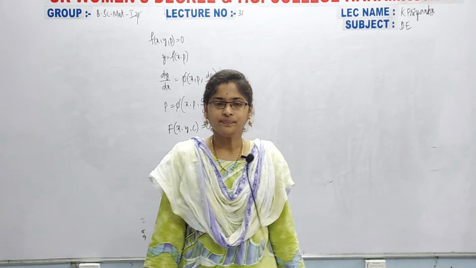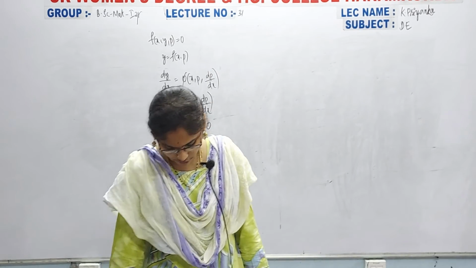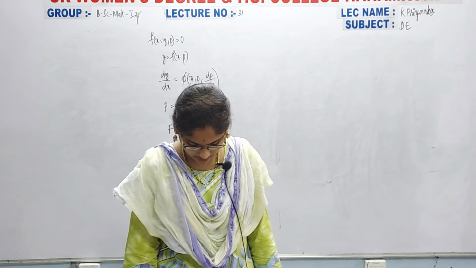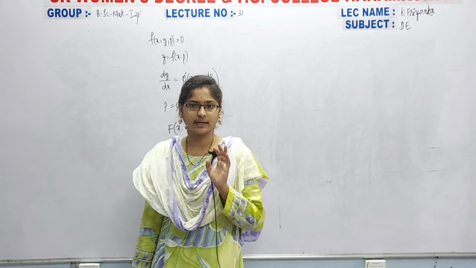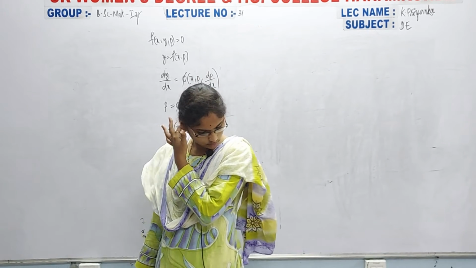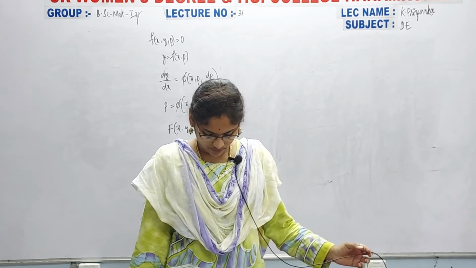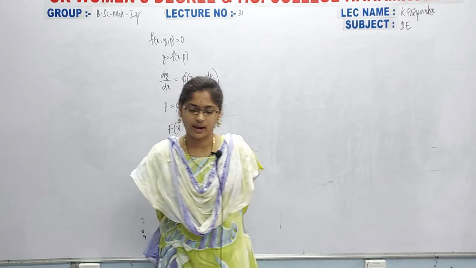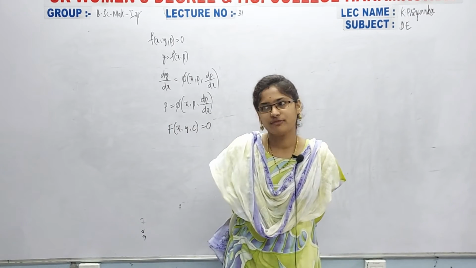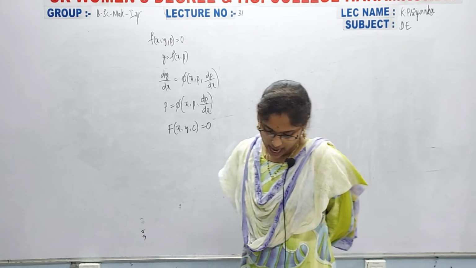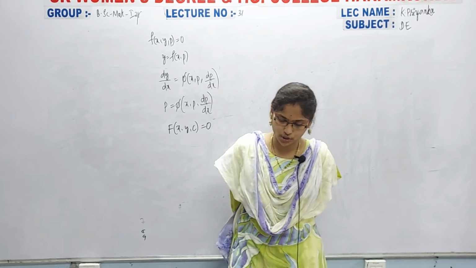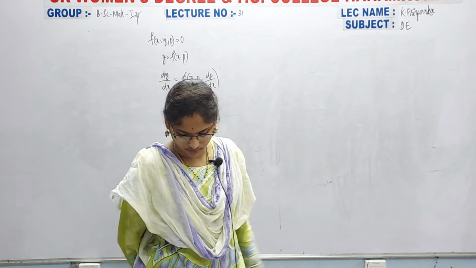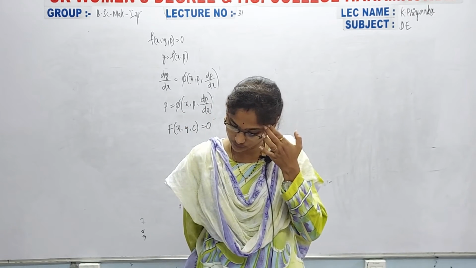Now write down my next line: when the elimination of p between these equations is not easily done, the values of x and y in terms of p can be found, and these together will constitute the required solution.